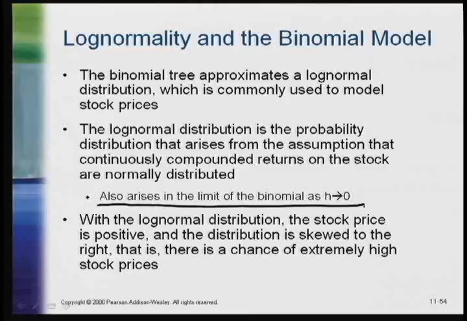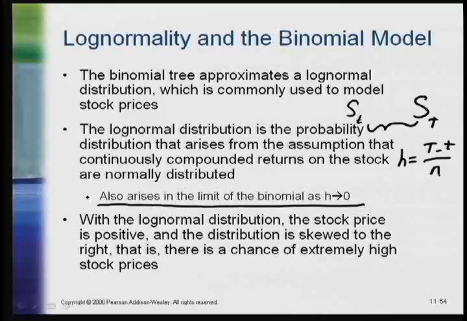So when I say that, let's say I have stock prices at time t, and I look at stock prices at time capital T, and I take that period and I break it up into n steps. So h is equal to (T minus t) over n.